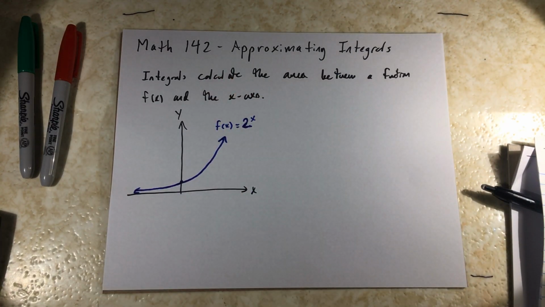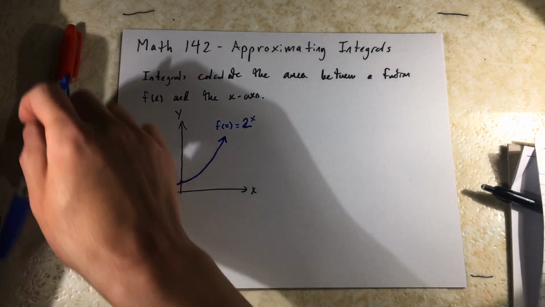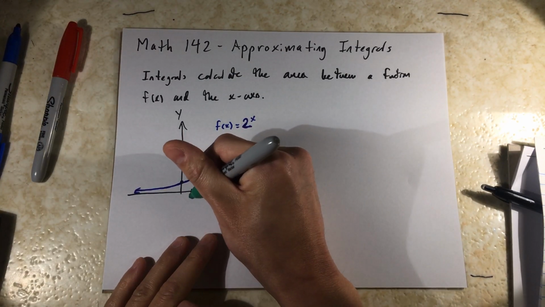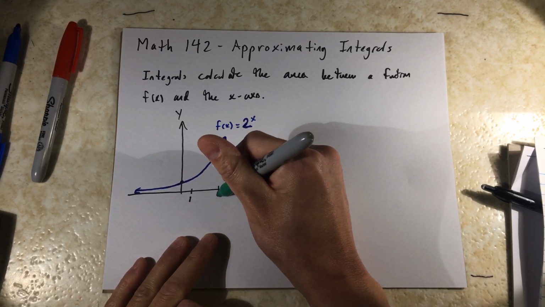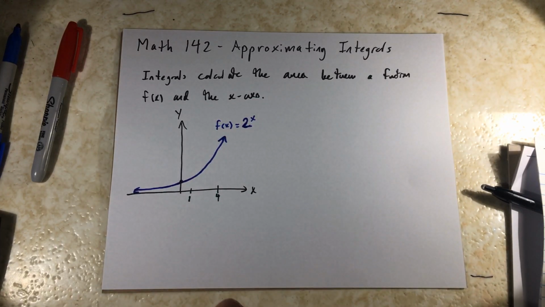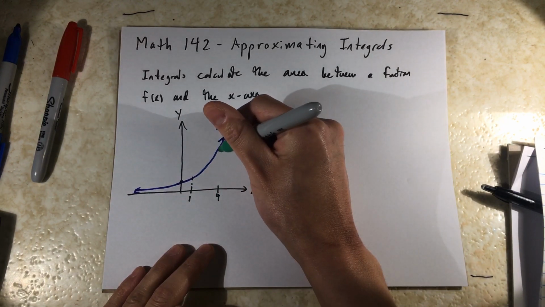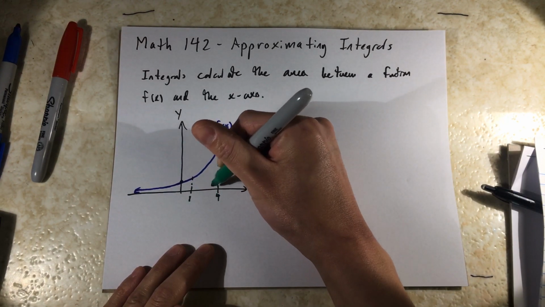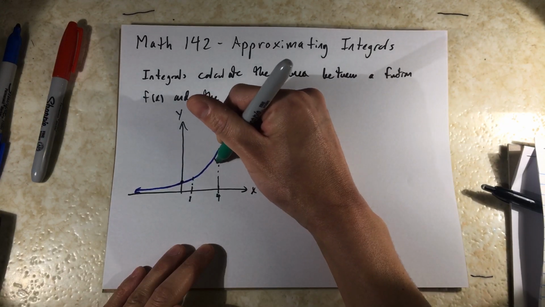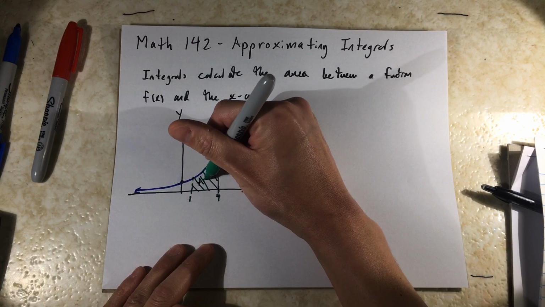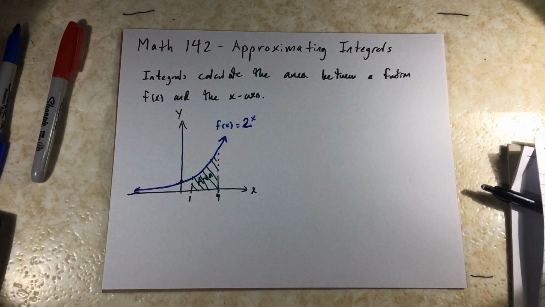Okay, and let's say that we want the area for this thing between 1 and 4. So here's 1, and let's say this is 4. The area under the graph would be the area between the function and the x-axis, right? So it would be all of this area right here. All right, so the integral calculates that area.